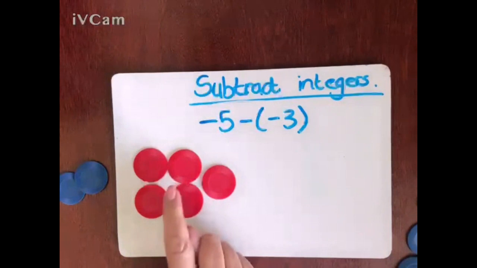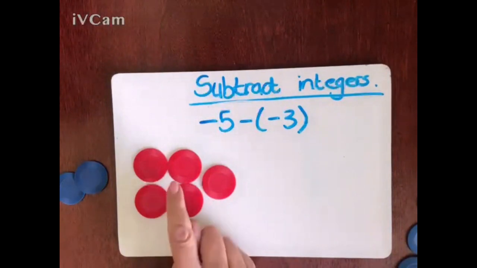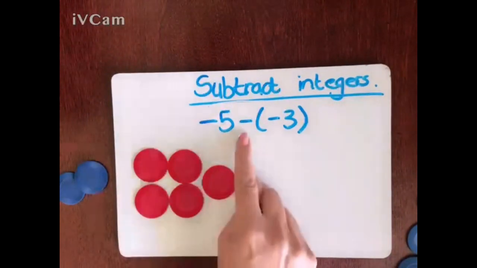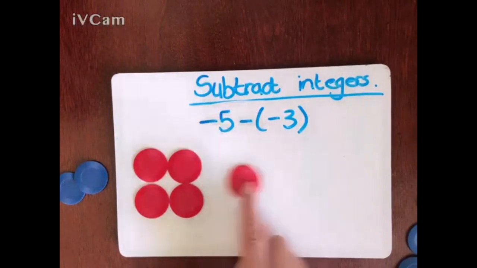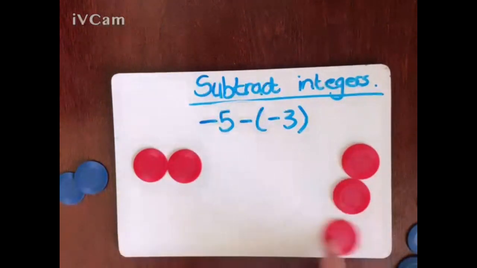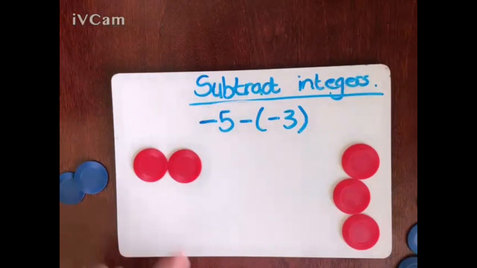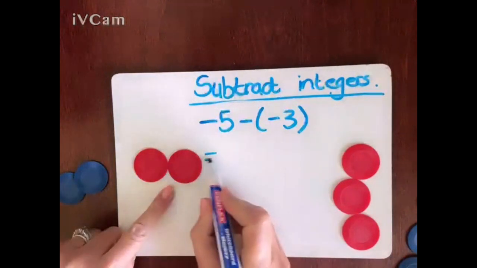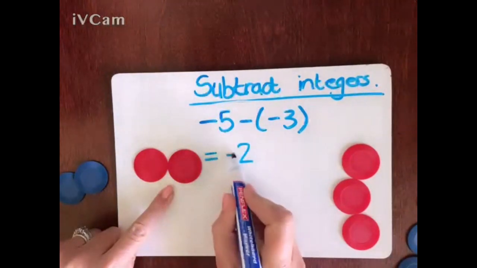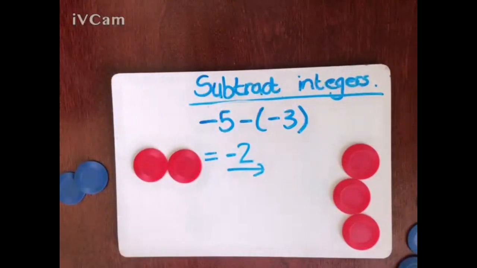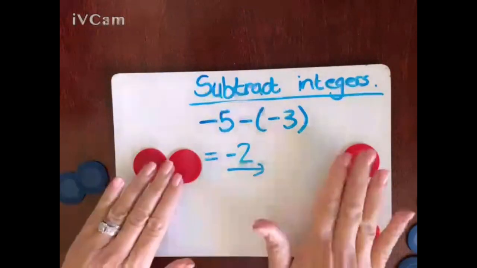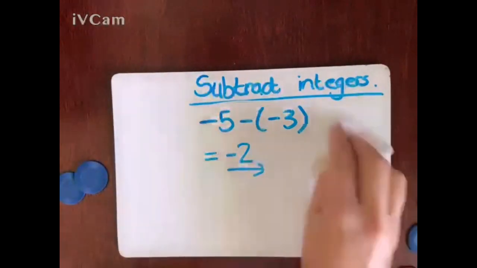So I've got 5 red Smarties, and I'm going to give away 3 of the red Smarties. So 1, 2, 3, I give away. So what am I left with? 2 red Smarties. Right, let's do another example.